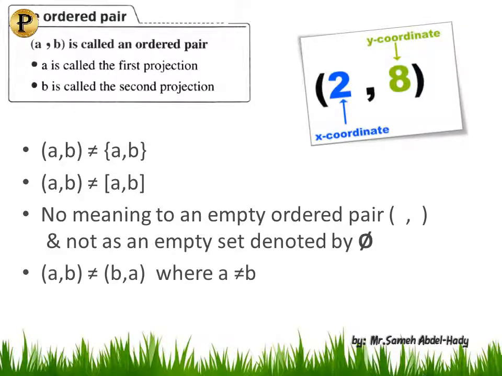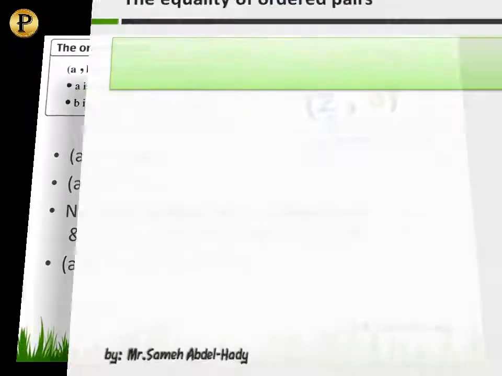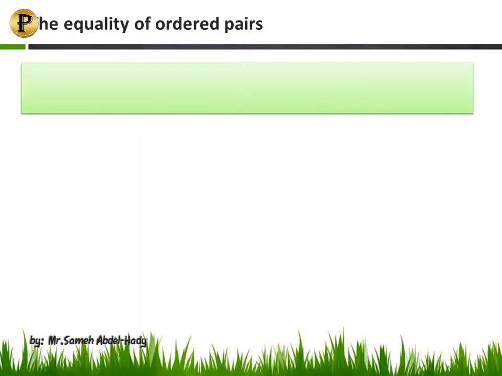Finally, we said the ordered pair (a, b) doesn't equal the ordered pair (b, a). So we cannot replace the elements or the coordinates in the ordered pair where a doesn't equal b.